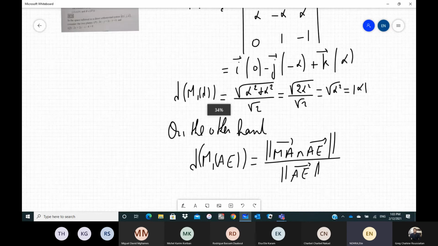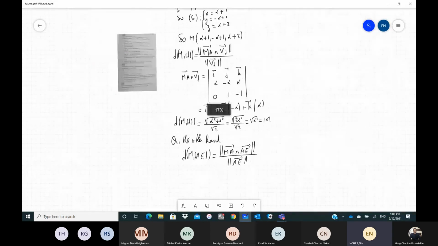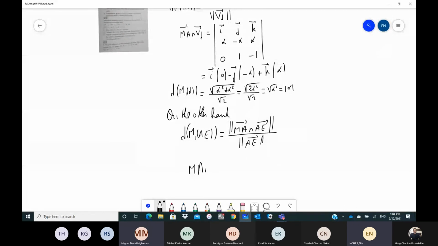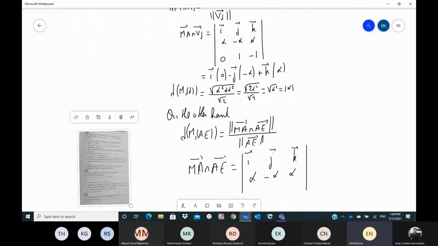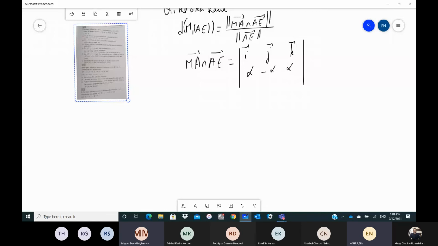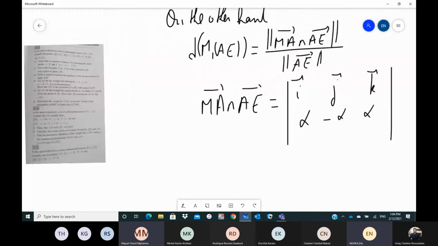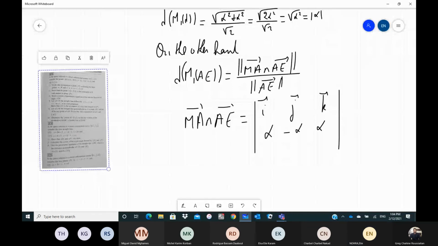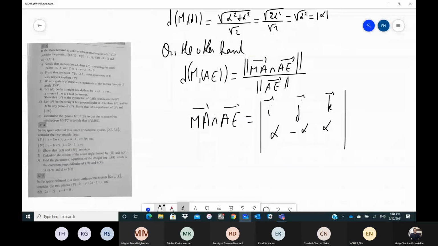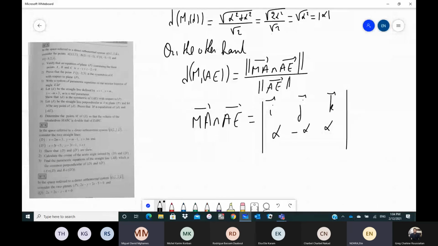Let's do it. MA is minus alpha, alpha, and minus alpha. And AE is minus 4, 1, and minus 1.